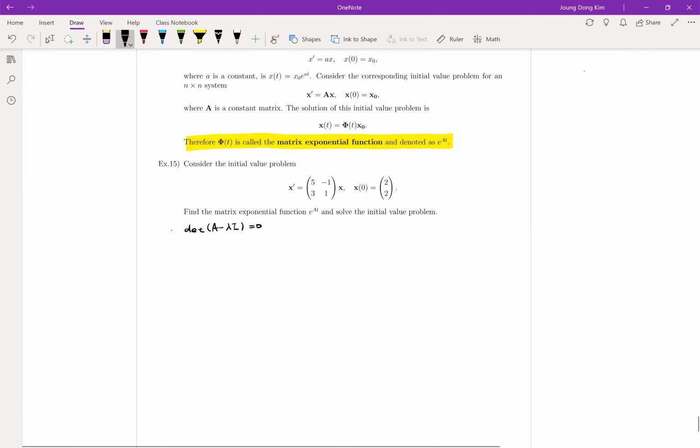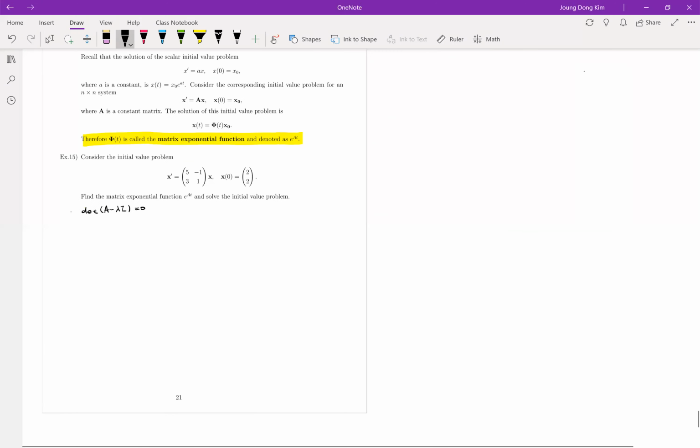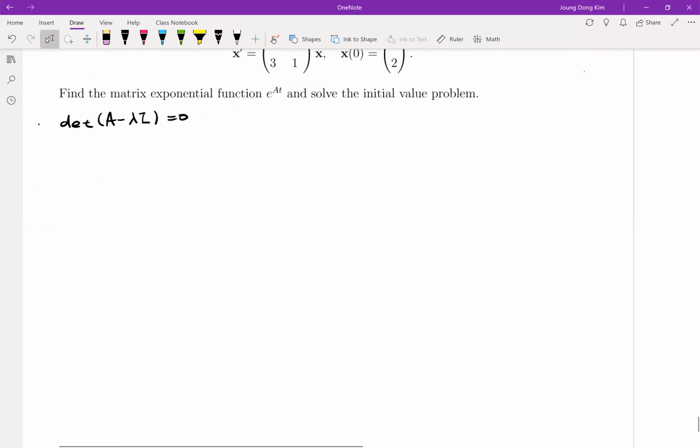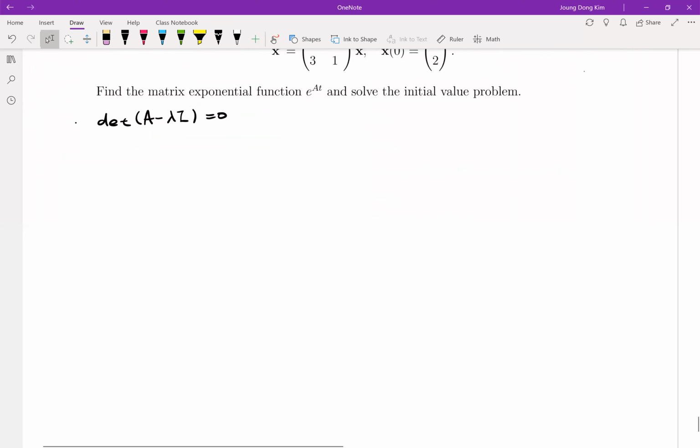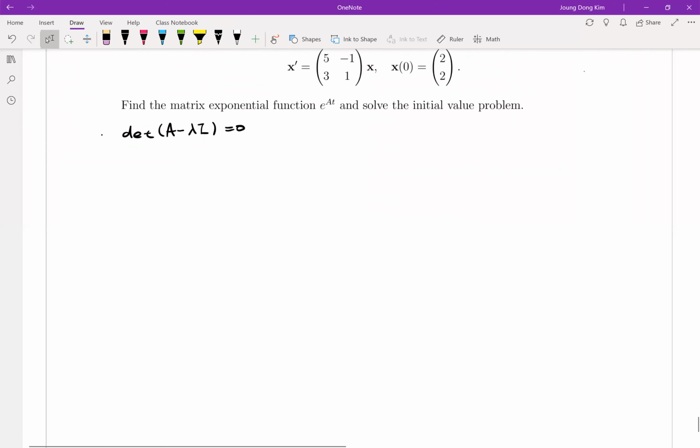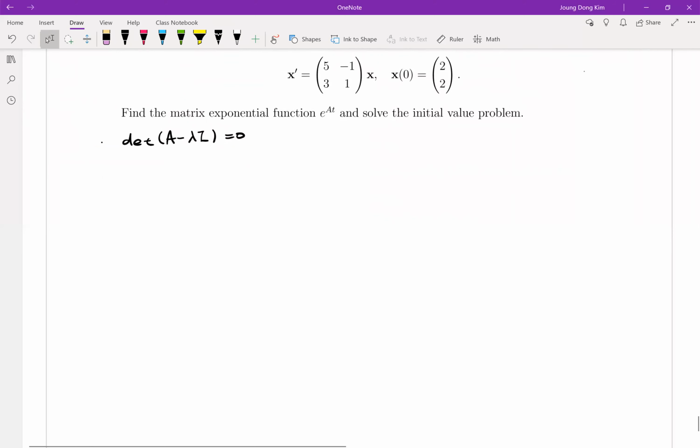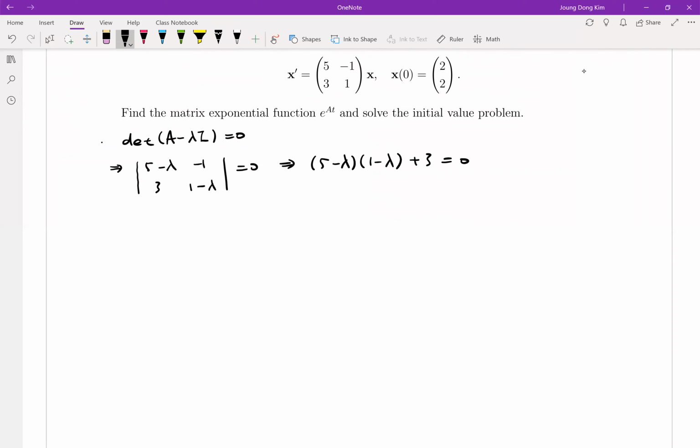Let me see if we have enough space. Then my A minus lambda I matrix is [5 minus lambda, minus 1; 3, 1 minus lambda], and its determinant equals 0. So (5 minus lambda)(1 minus lambda) plus 3 equals 0.